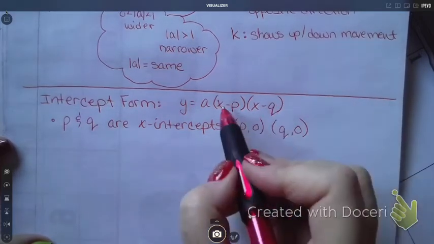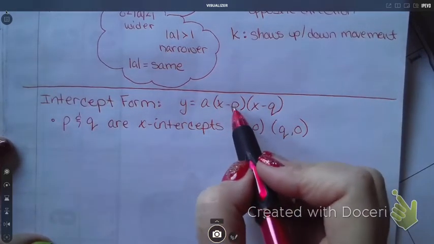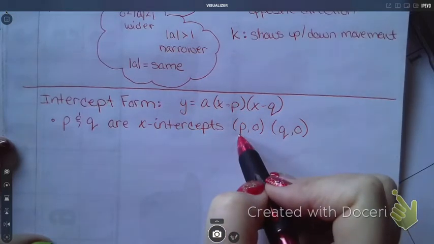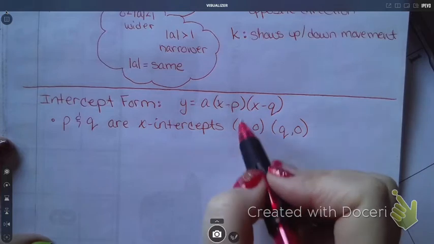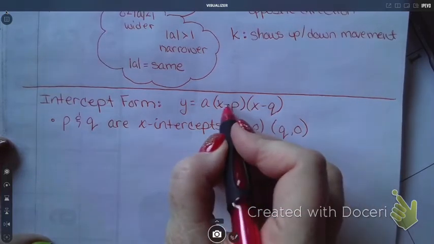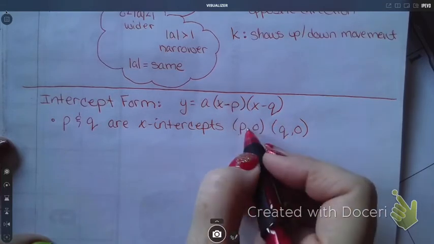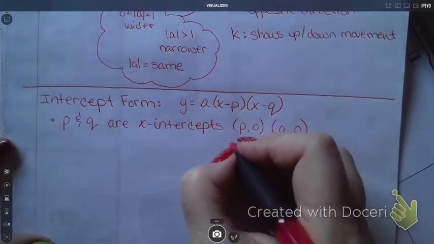So you notice up here it says x minus P, and my answer is P. So is it the same sign or the opposite sign? It's opposite because this would be minus, so in my point it would be plus. If it's plus up there, it'd be minus in my point. So opposite signs again.